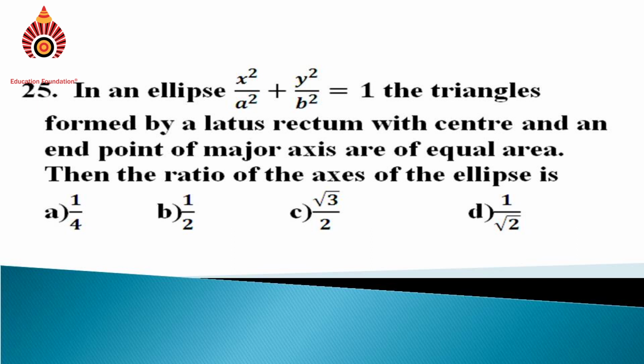Come to question number 25. The question is, in an ellipse x² by a² plus y² by b² equal to 1, the triangles formed by the latus rectum with the center and an end point of the major axis are of equal area, then the ratio of the axes of the ellipse we want.